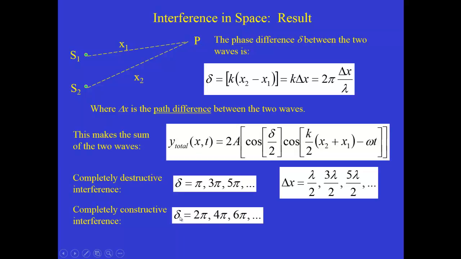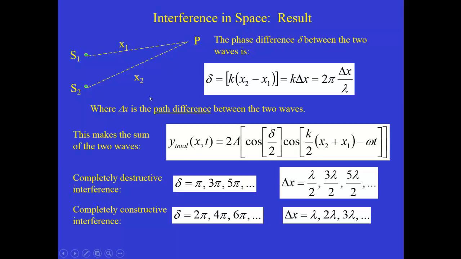So the difference here is when delta is an even multiple of pi, then we get an amplitude that has its maximum value, either 1 or negative 1. And if I do the same thing with the top equation, take that top equation now and solve for delta x, for each of these values of delta, we get the integer multiples of lambda.